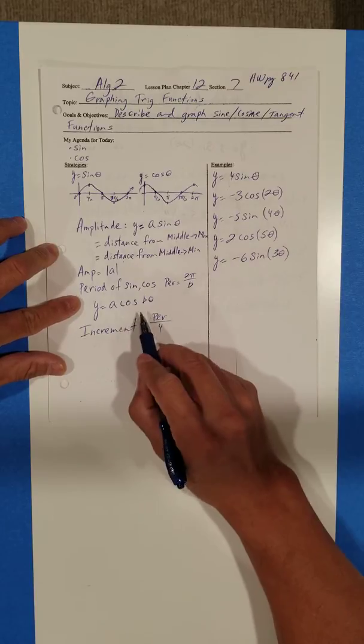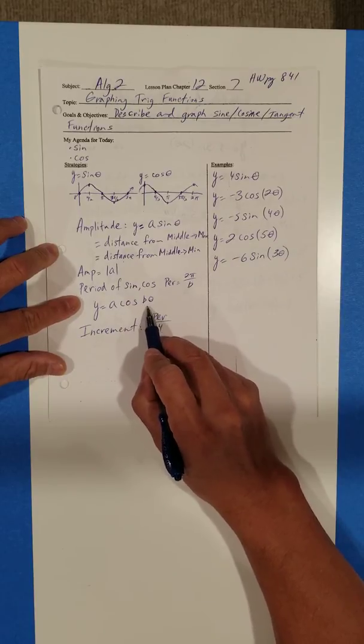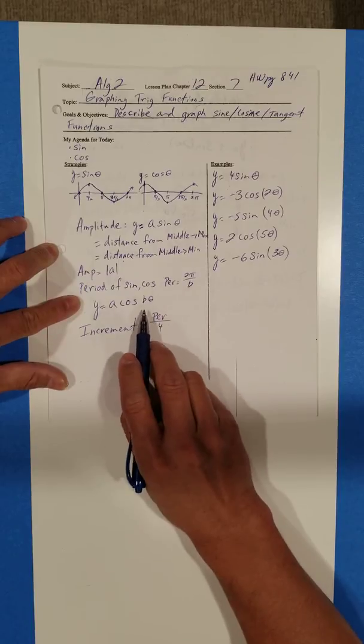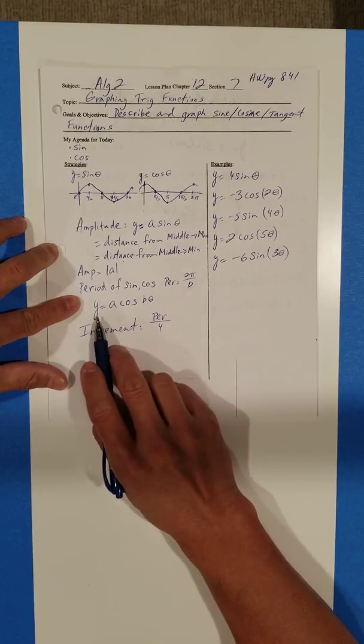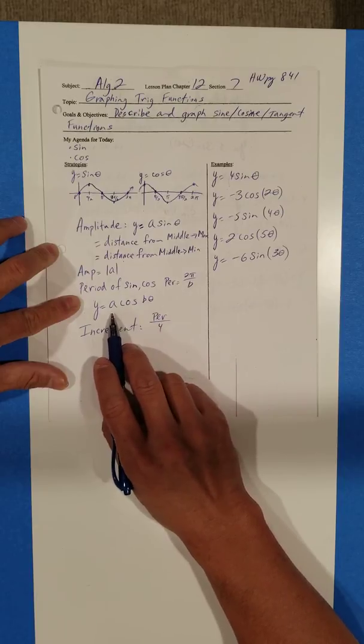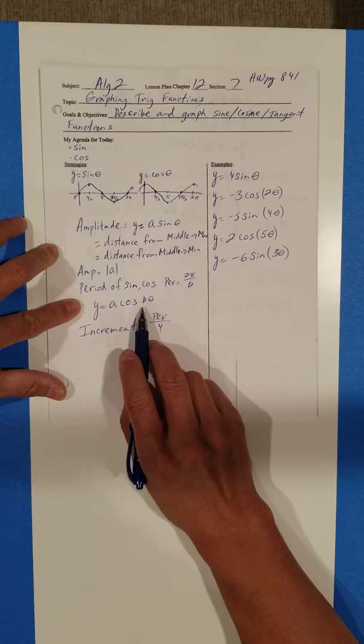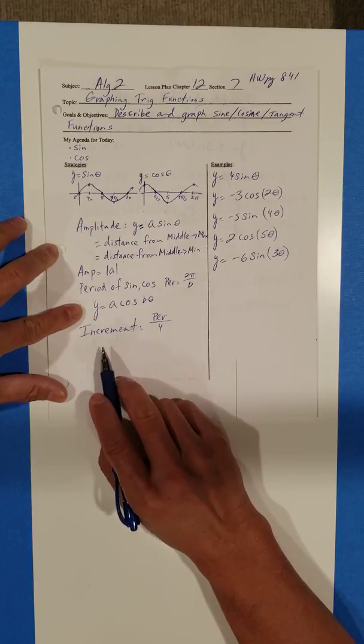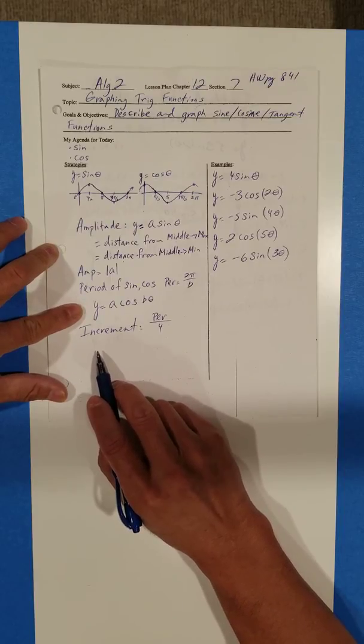Now, b is the number multiplied to theta. So y equals a cosine b theta, where the absolute value of a is the amplitude, and 2 pi over b is going to be the period, which means how long the graph takes before it starts repeating itself.